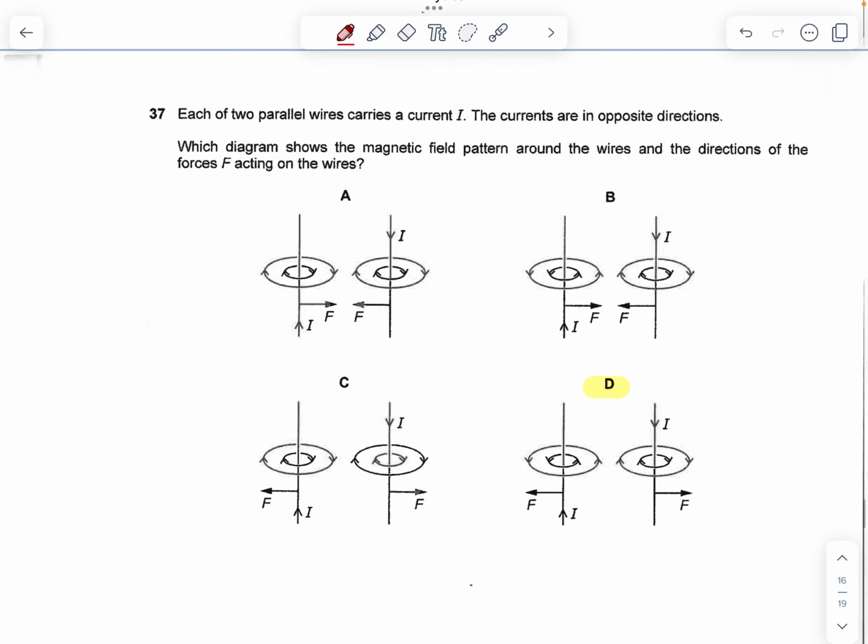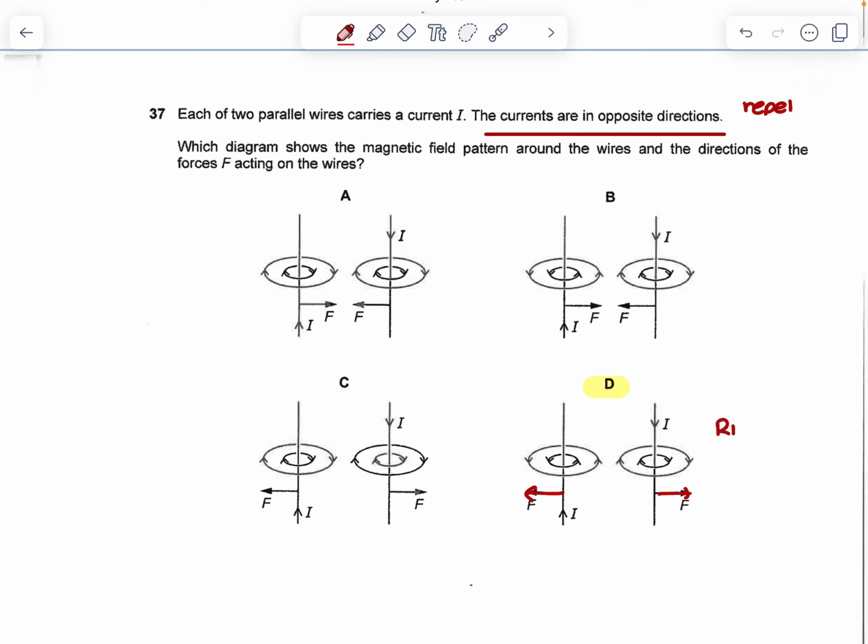Question 37. Each of the two parallel wires carries a current I. The currents are in opposite directions. So we already mentioned when the currents are in opposite directions, they should repel. Which diagram shows the magnetic field patterns around the wires and the direction of the force acting on the wires? So first, we know that it should be repelled. This is the opposite direction. And how to find the direction of the magnetic field?